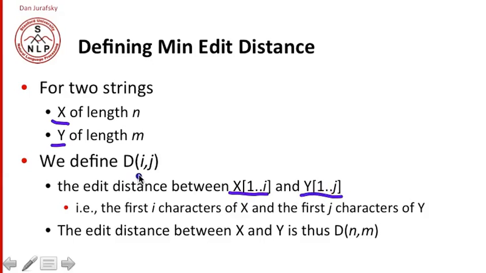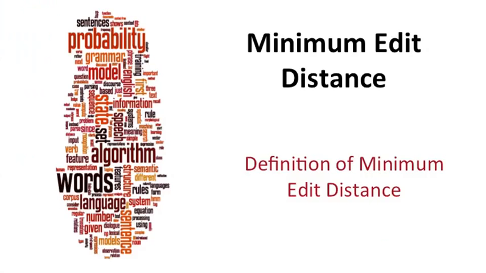So that's what's defined by D(i,j). And so the distance between the entire two strings is going to be D(n,m), because the strings are of length n and m. So that's our definition of minimum edit distance.